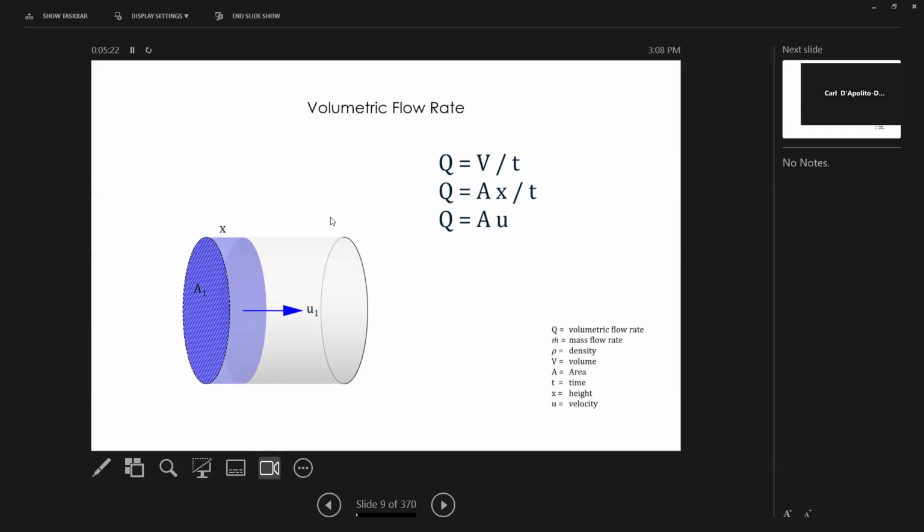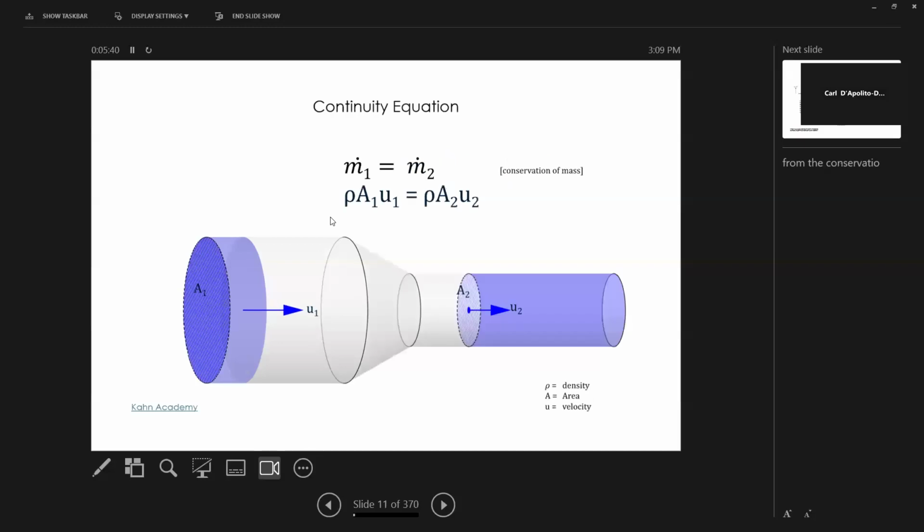That would not actually be exactly true. You would have to take dx to be very, very little and dt to be very, very little. But essentially, that's how that is determined. And then the mass flow rate is just that times the density.